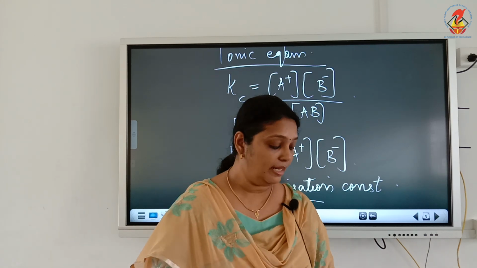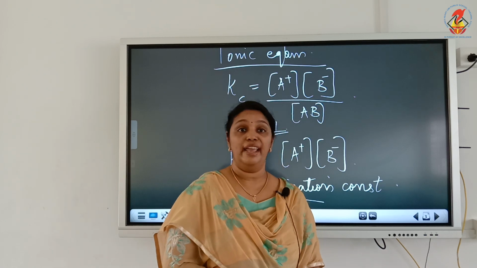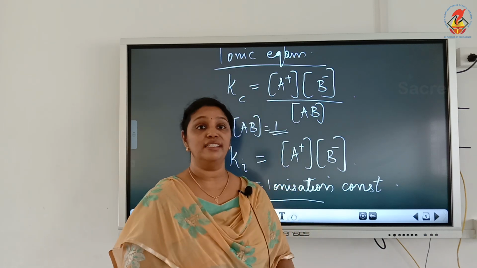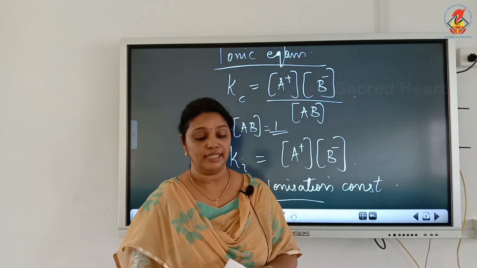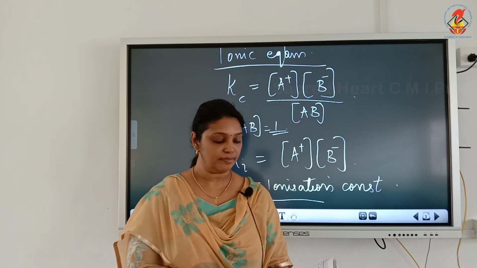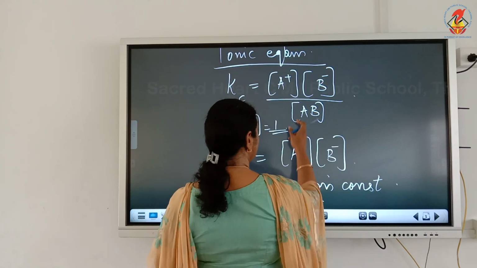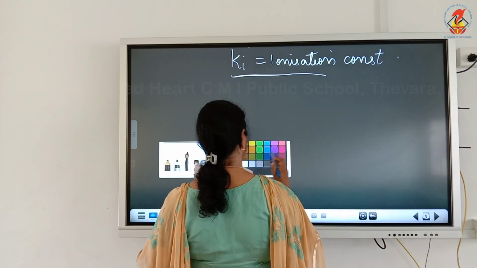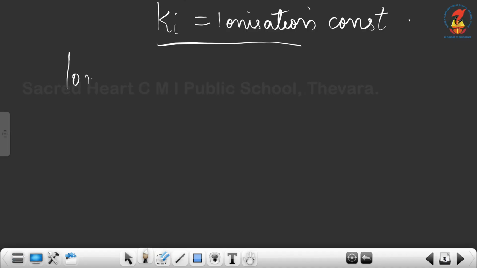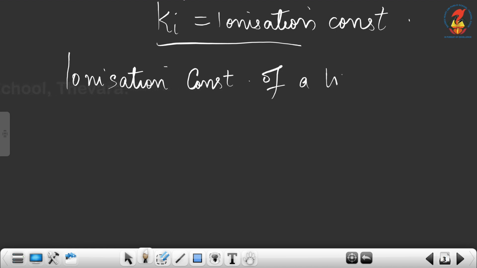Next, let us see an expression to find the ionization constant of a weak electrolyte. The next heading is ionization constant of a weak acid.